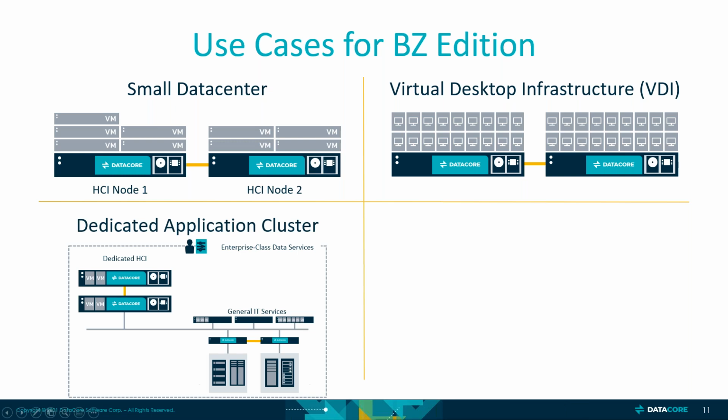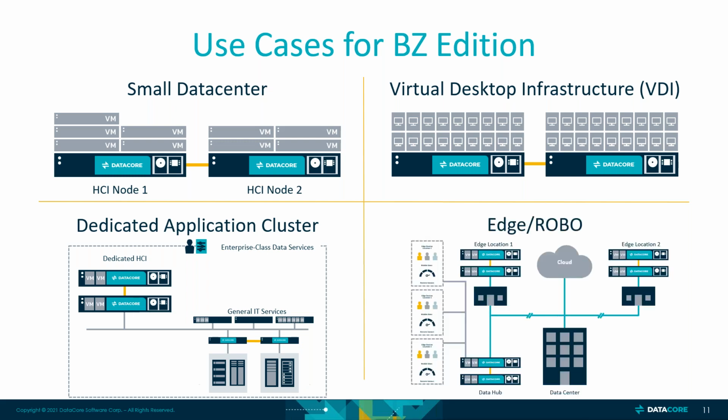There's also the case where we have a dedicated application cluster. So in the big scheme of things, in a larger data center, you may be using the BZ edition to dedicate resources to just, let's say, a SQL Server redundant cluster, and throw all the horsepower behind that and make sure that it's cordoned off from the rest, from a contention for the power of the machine.